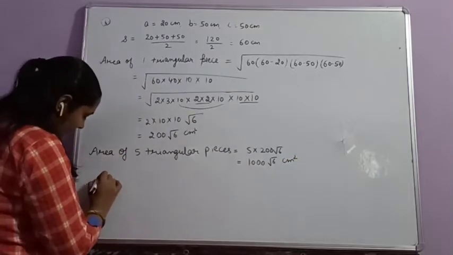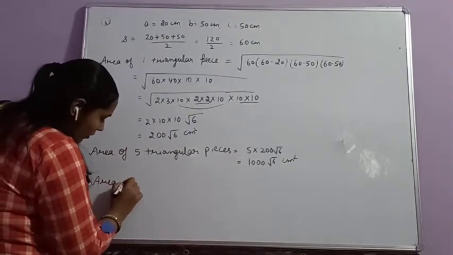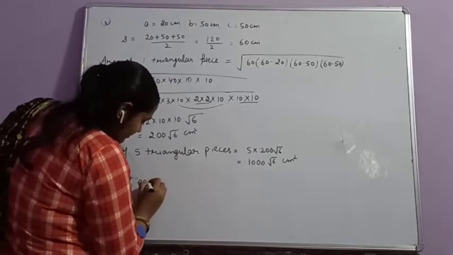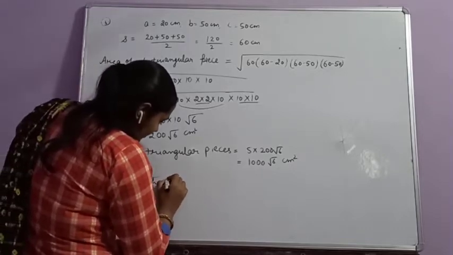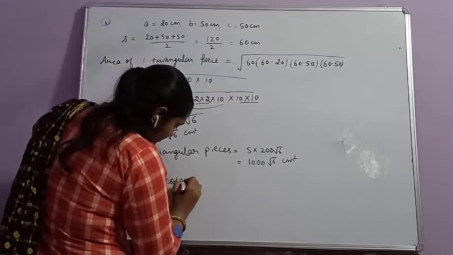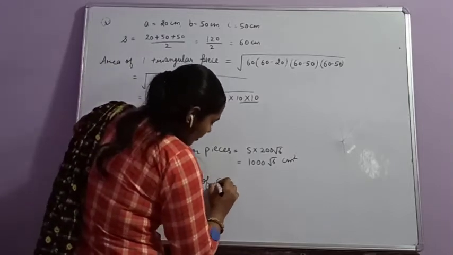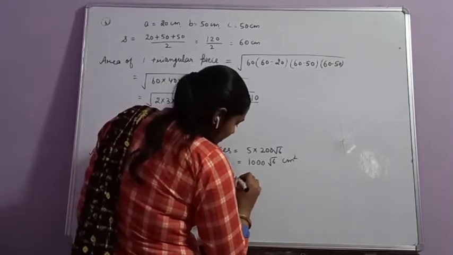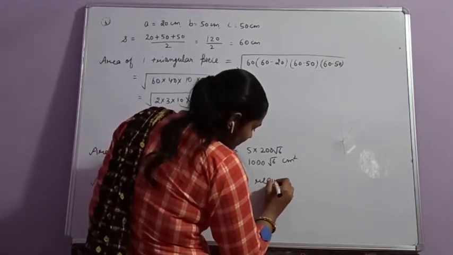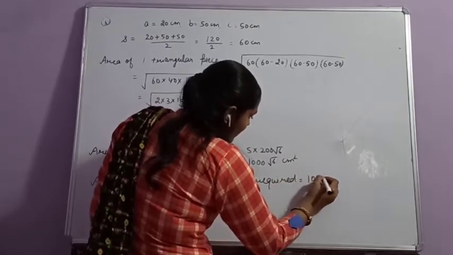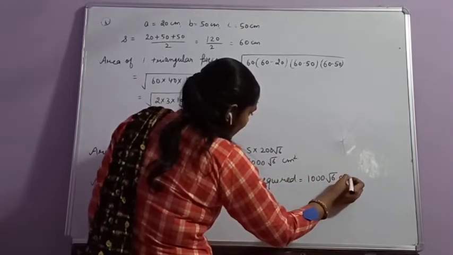Then the area of each color of cloth required is equal to 1000 root 6 square centimeter.